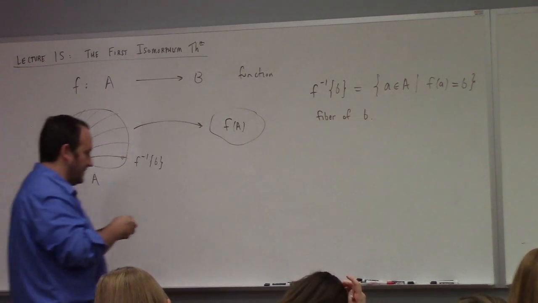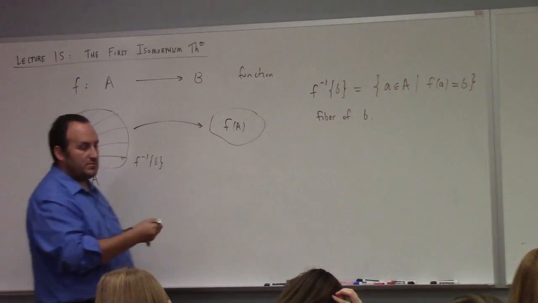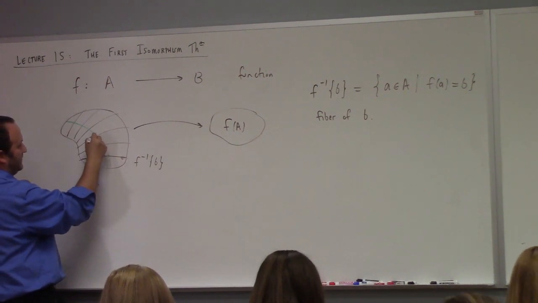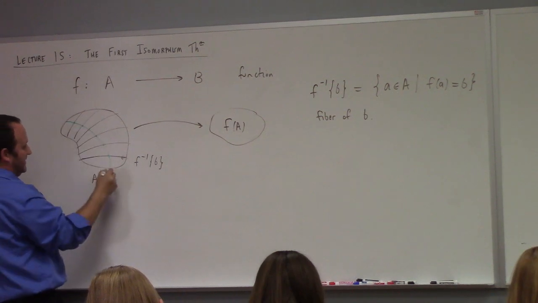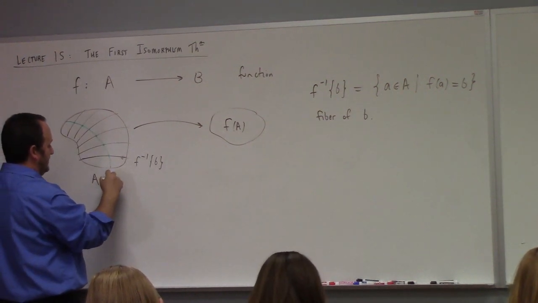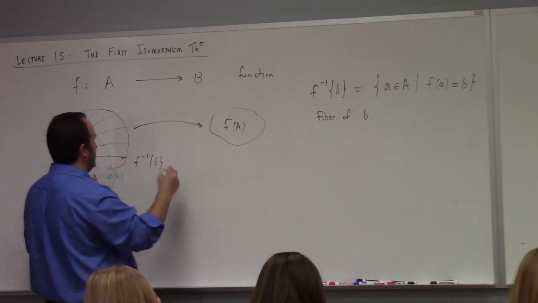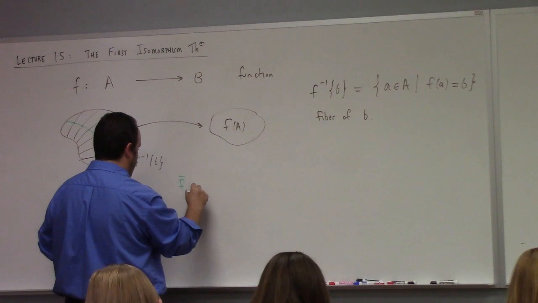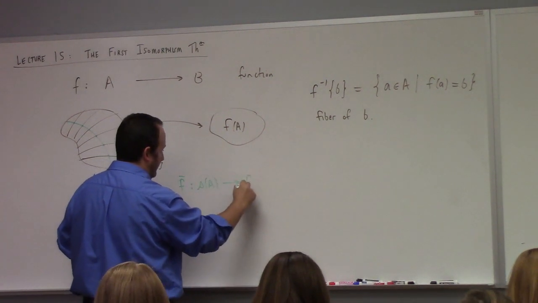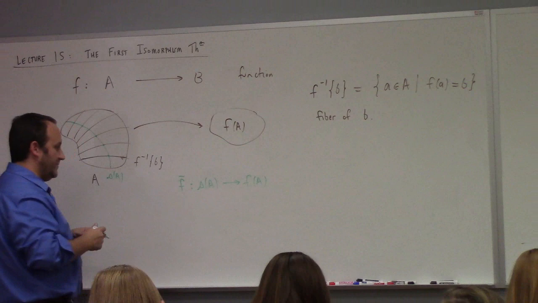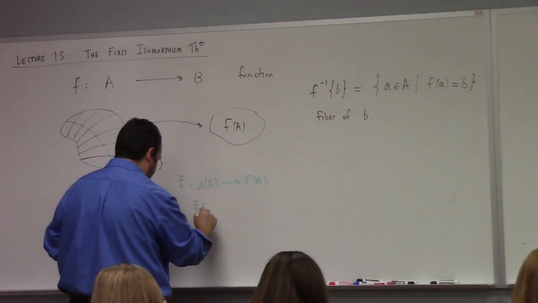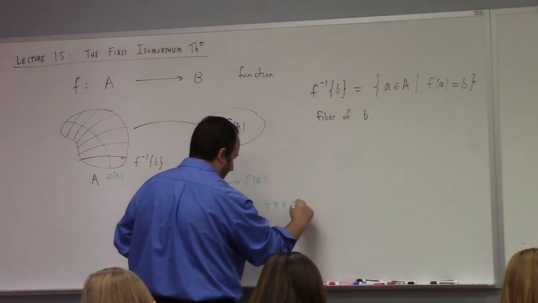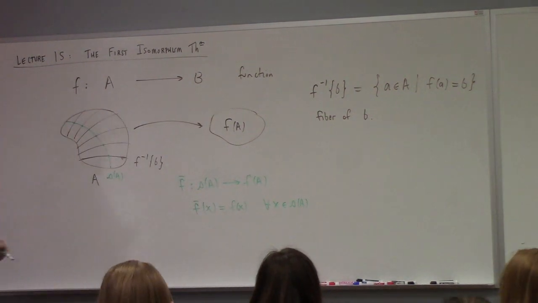And a cross section would be something like, you just pick one thing from each fiber, and we could call this thing S of A, a section of A. Then you'd have this new map F bar going from the section of A to F of A, and this F bar defined by F bar of x equal to F of x for all x in the section of A, that would be a bijection.